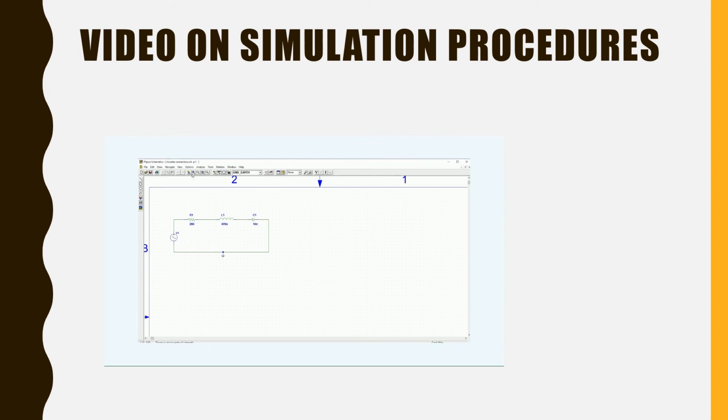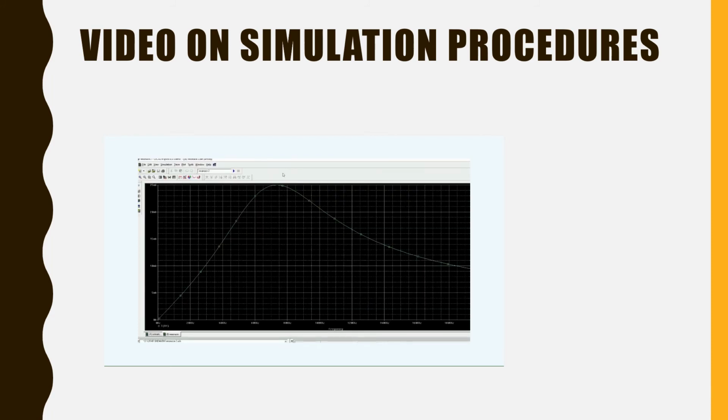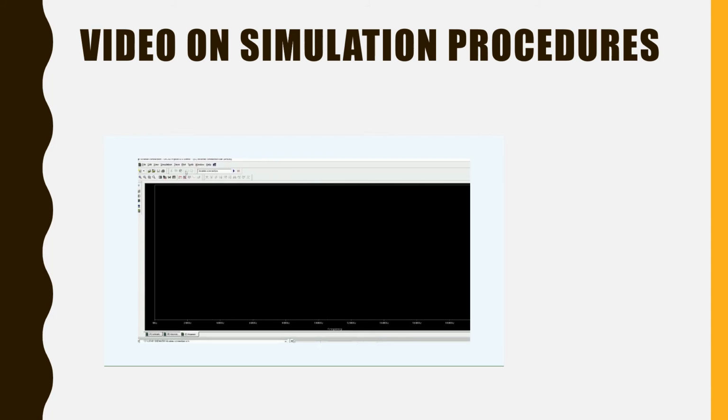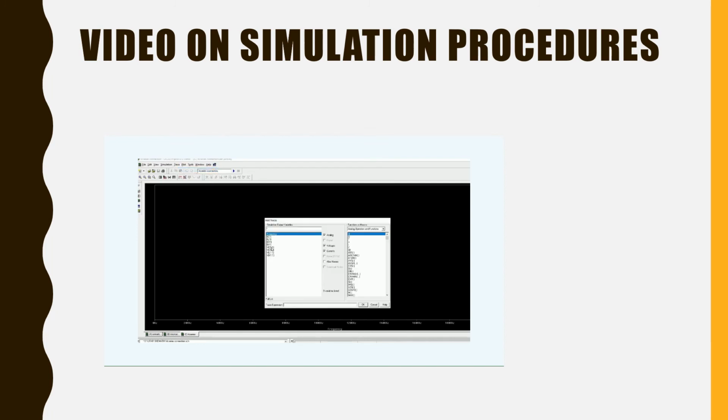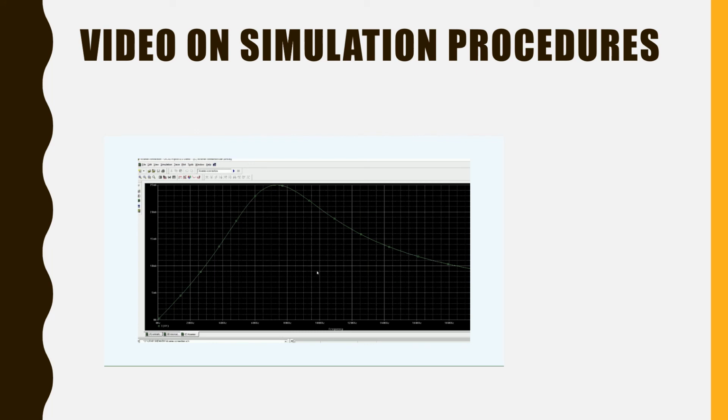Okay, once you have saved, you can do the simulation. So go to trace, add trace, and get your graph. So you have current versus frequency. From here, you can get the value of the resonance, frequency, and the voltage.